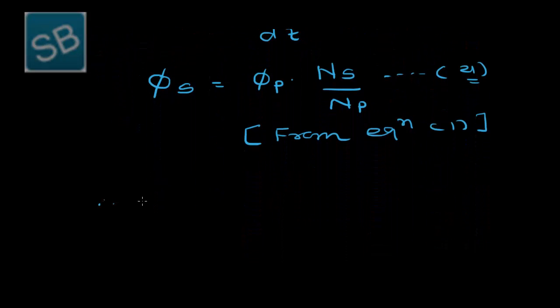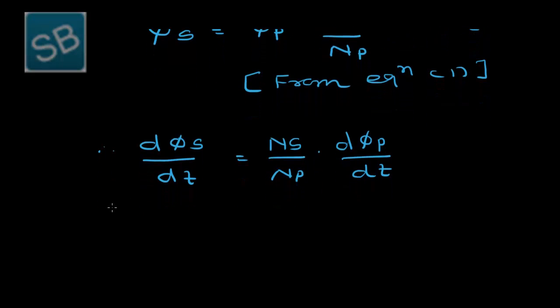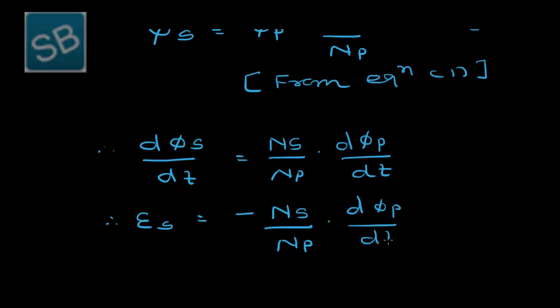And so d phi s by dt is equal to, since the number of turns are constant, so their ratio is also constant, into the rate of change of flux in the primary coil. So this is the value of d phi s by dt, and therefore epsilon s is equal to minus ns over np into d phi p by dt.